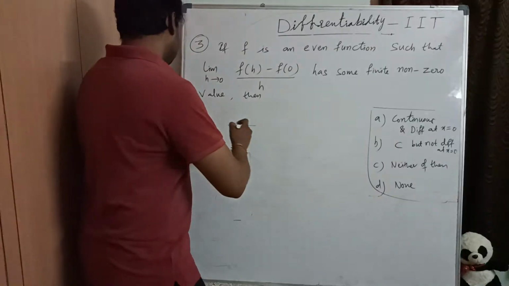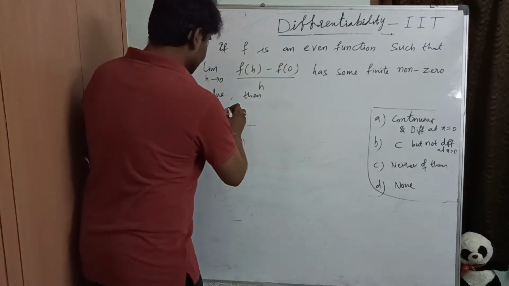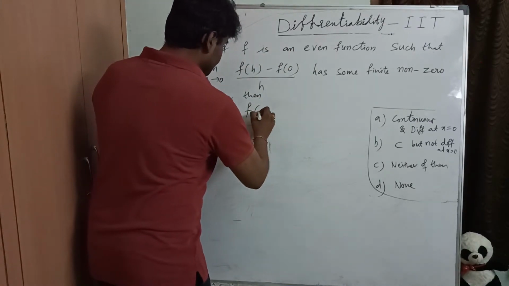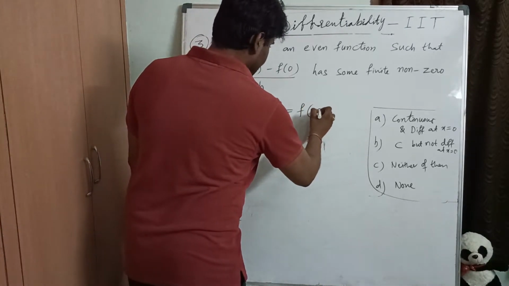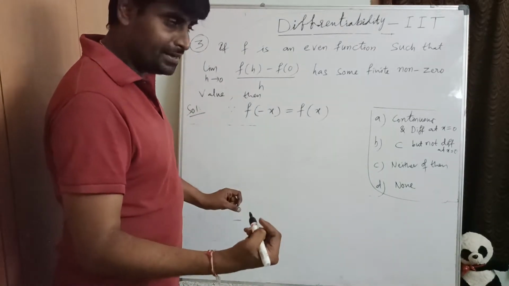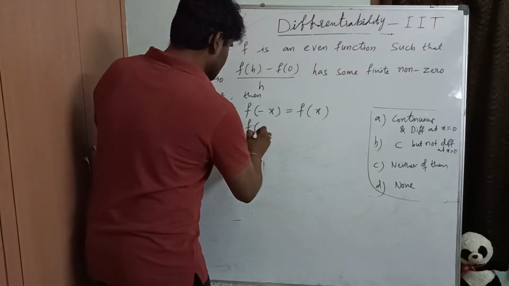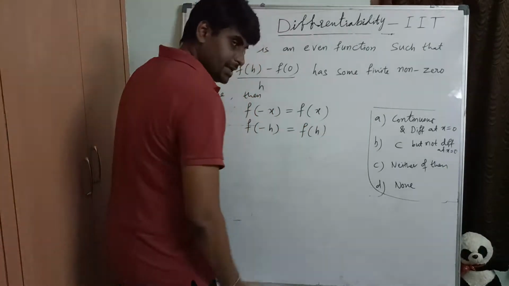First of all, since f is an even function, the condition is f of minus x equals f of x. We are going to meet f of minus h also in the middle, and f of minus h can be replaced by f of h in future, correct or not?